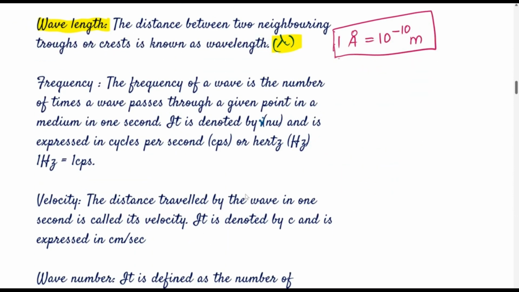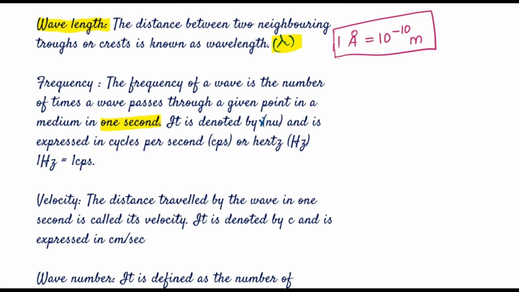Now let's move on to frequency. Let's take a particular point in a wave. How many waves pass through the given point per second is called frequency. To be more precise, in 1 second, how many waves are passing through that particular point? So that is frequency.